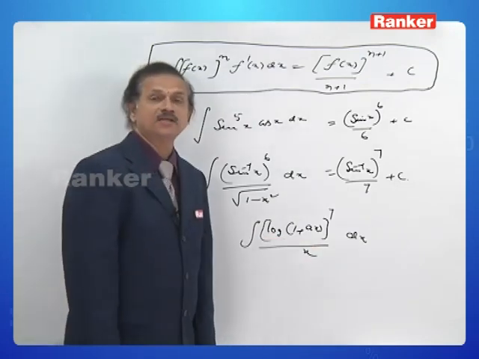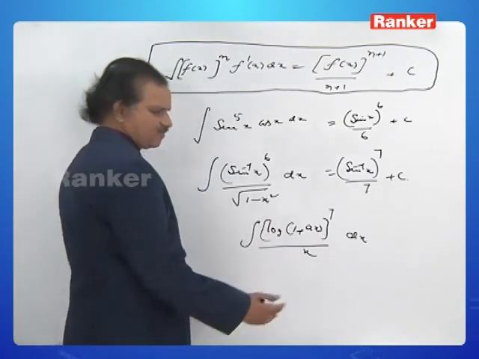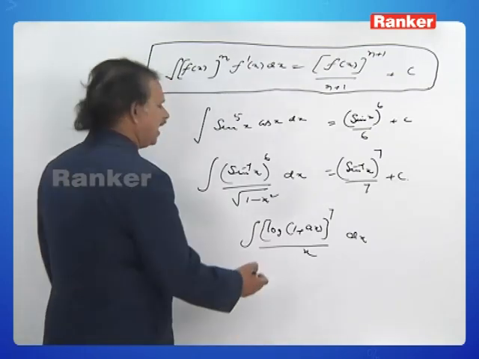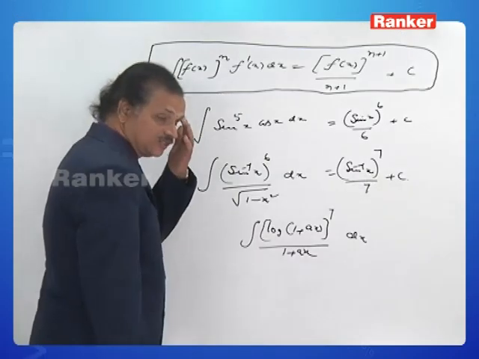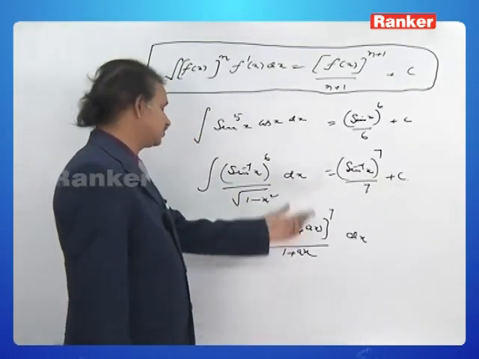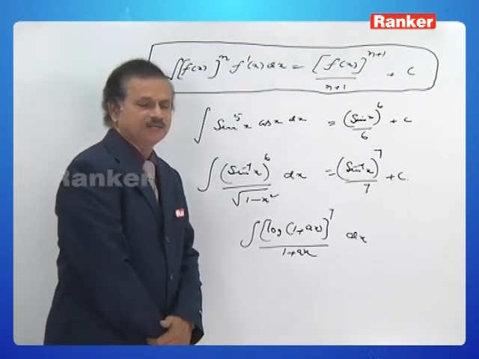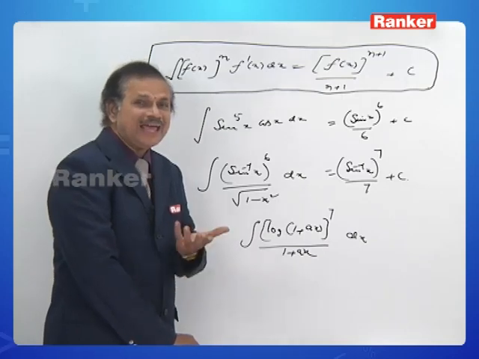Then 1 plus ax, you take it as t. Otherwise, of course, from there also we will be using the integration by the method of substitution. I shall give you. Come on, what is its answer? [f(x)]^7. What is the derivative of log(1 plus ax)? 1 by 1 plus ax into a must be there.